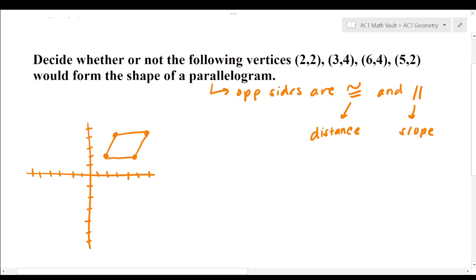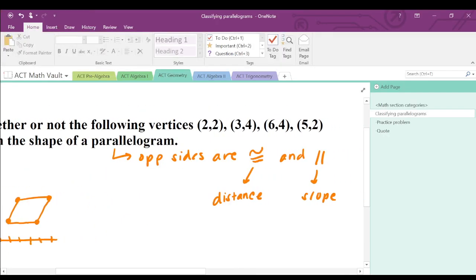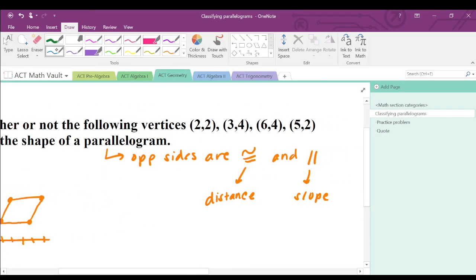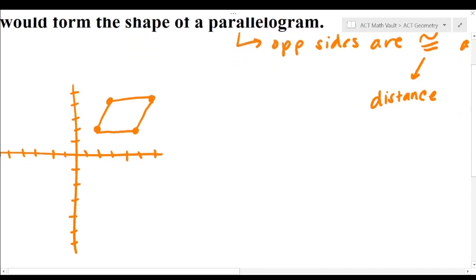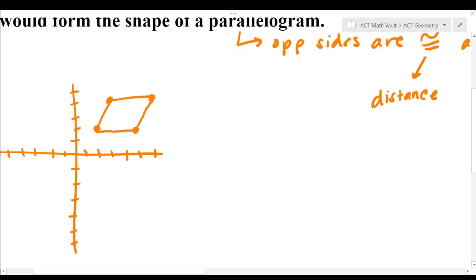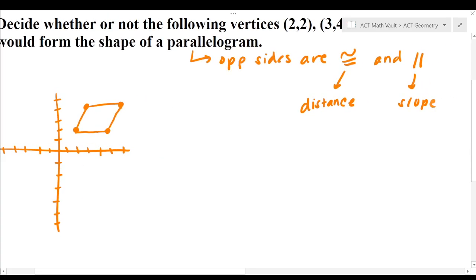Well, what I could do to check slope real quick, and let me change colors, is I could just make sure, obviously these two slopes are the same because they're parallel on the horizontal axis. But I could make sure that my rough slope would be the same from point A to point B here.